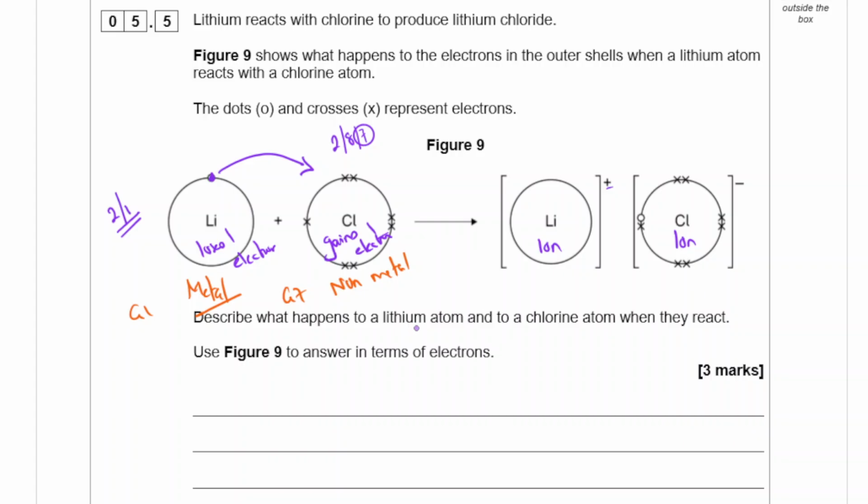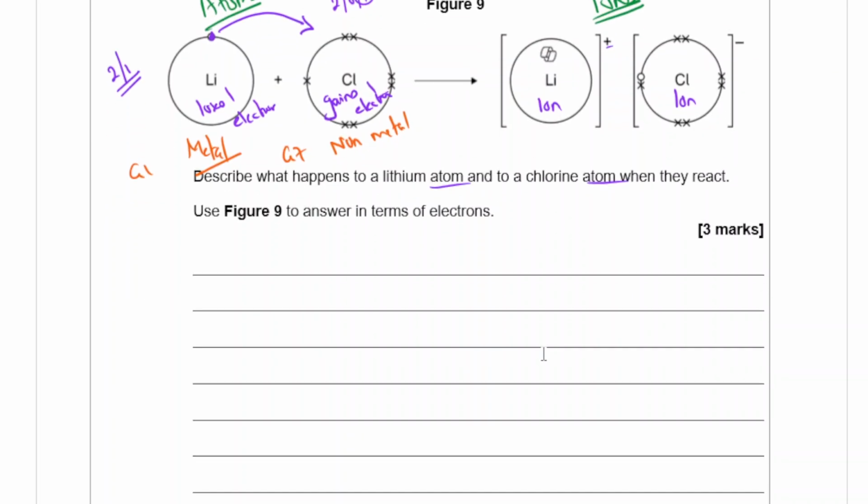Describe what happens to the lithium atom and to a chlorine atom when they react. So they start off as atoms here, right? On this side, these two are atoms. These two are ions. So the atoms change into ions, both of them change into ions.